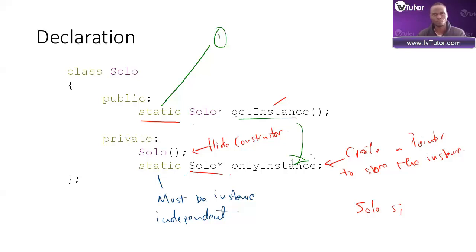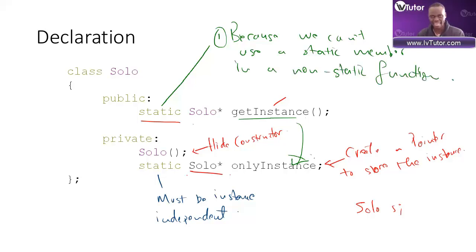Because we can't use a static member in a non-static function. And the second reason why we make this function static is we need to be able to call this function without requiring an instance of Solo, right?